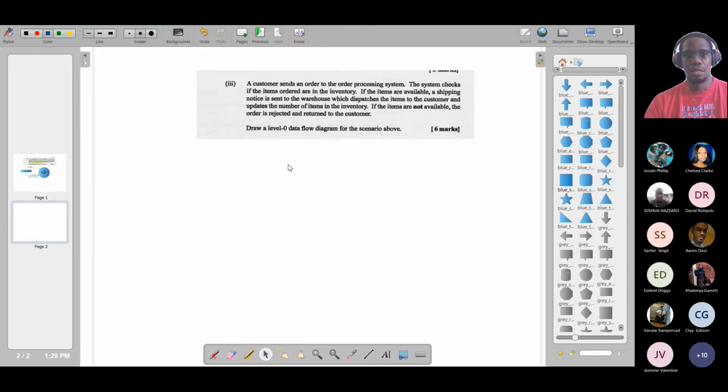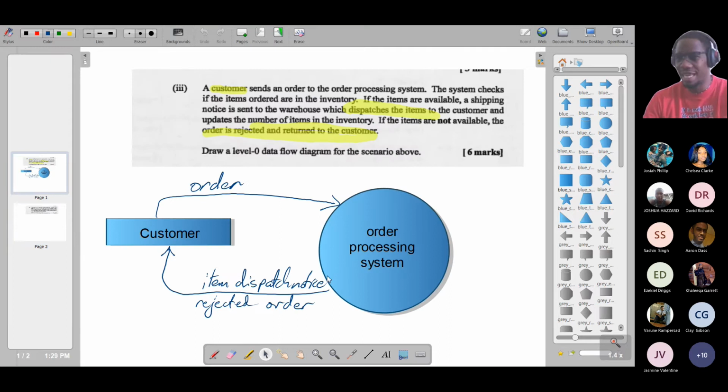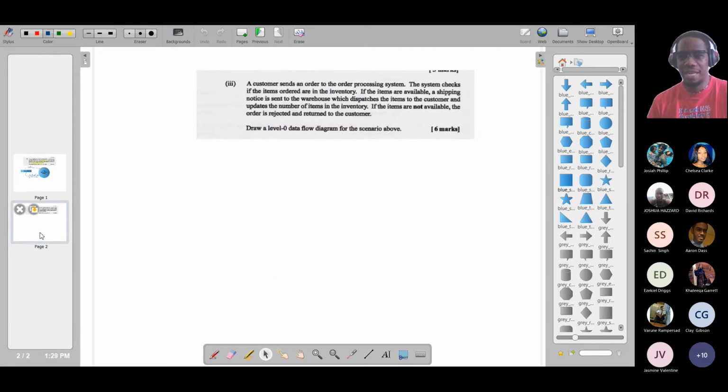And we want to take a look at it as a level 0 DFD diagram, not the context level diagram. Okay, so we're looking at it from a first level perspective. The customer sends an order to the order processing system. So now we're not looking at the system as a whole. We already did that here. Okay, we're looking to break it down into parts.